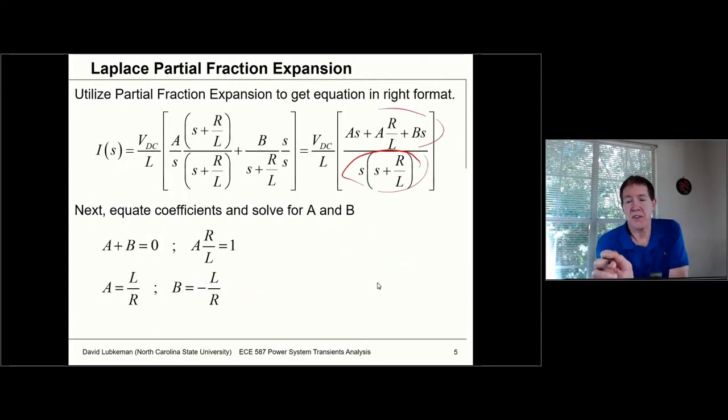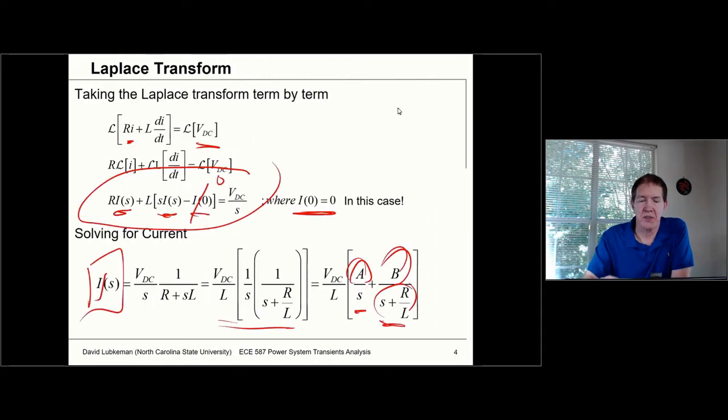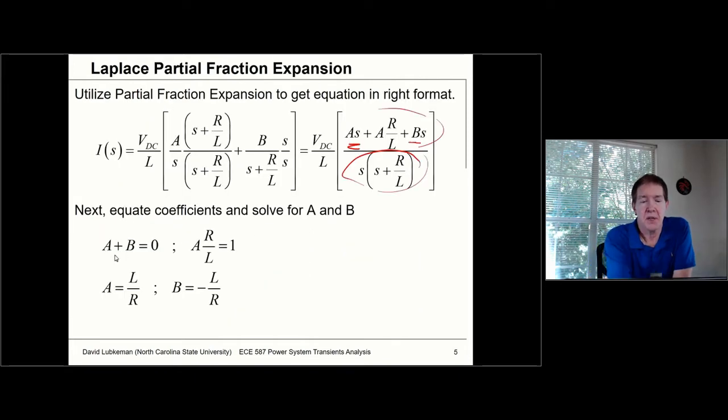Once I've done this, I need to find out what A and B are. Well, if I combine the terms associated with S, I'm going to have A plus B times S. And if I go back to the original expression, I see there should be no coefficients on the S terms in the numerator. That should be equal to 0. So this means that A plus B is equal to 0.